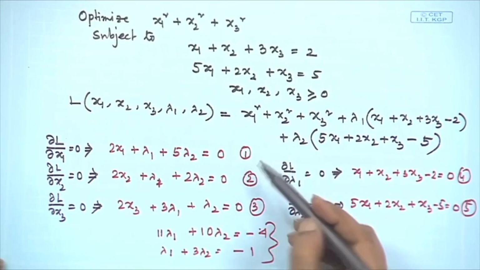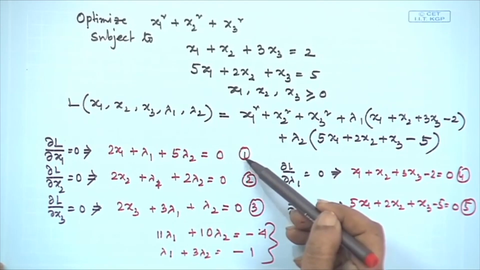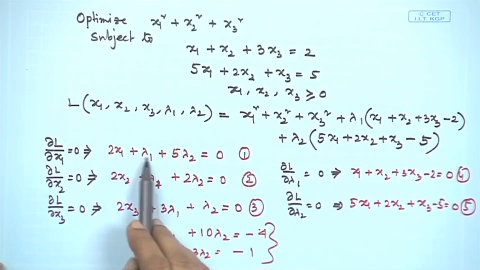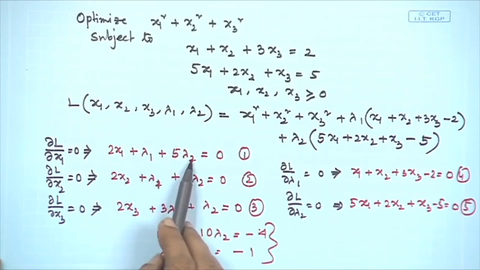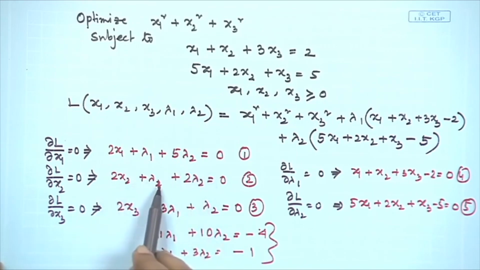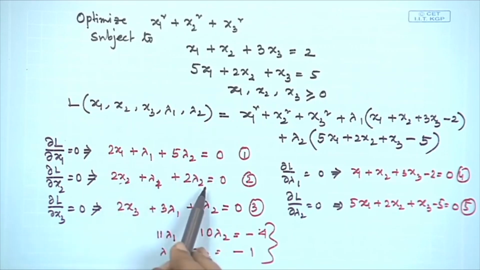Once again, by substituting from equations 1, 2, 3, we have x1 equal to minus lambda 1 minus 5 lambda 2 divided by 2, x2 equal to minus lambda 1 minus 2 lambda 2 divided by 2, and x3 equal to minus 3 lambda 1 minus lambda 2 divided by 2.